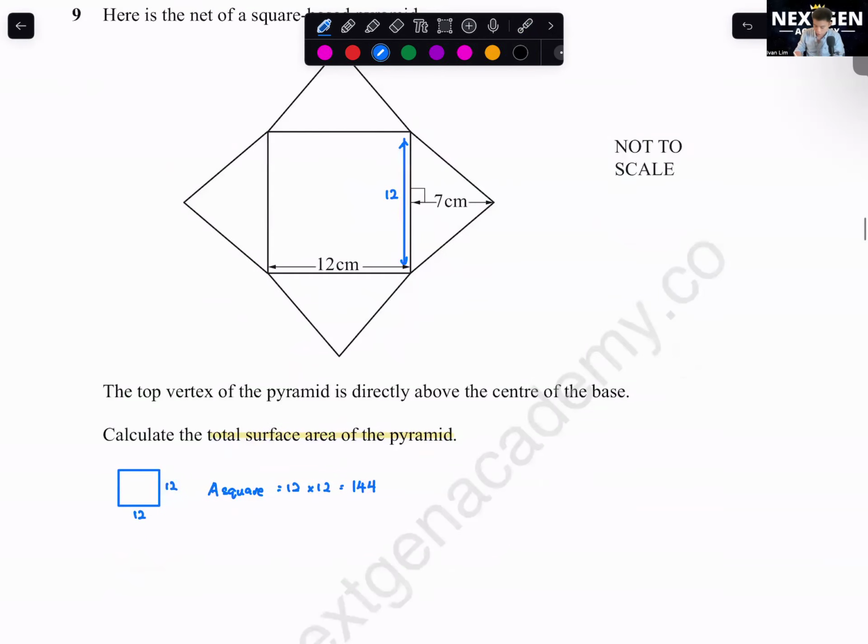Then the triangle. The area of a triangle is half times base times height. The base is 12, the height is 7. Half times 12 times 7, which equals 42.